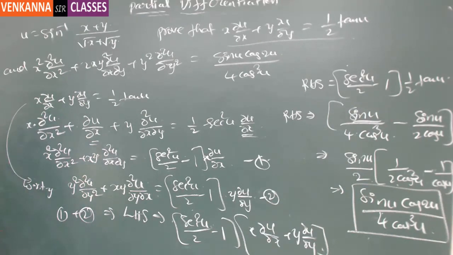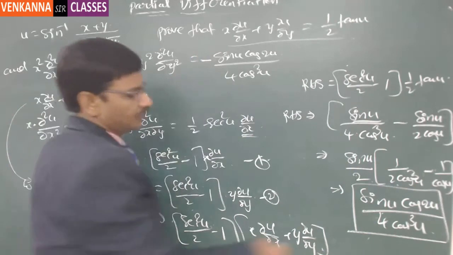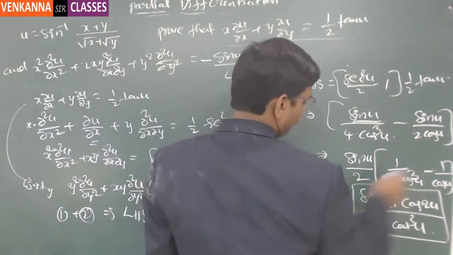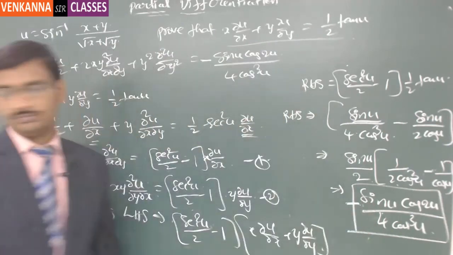No, it's not negative, that is positive only. Yes, sorry, it's negative only. Exactly, you are correct. So here, if you simplify it, you are going to get the negative only. Yeah, you are correct, Ravindra.